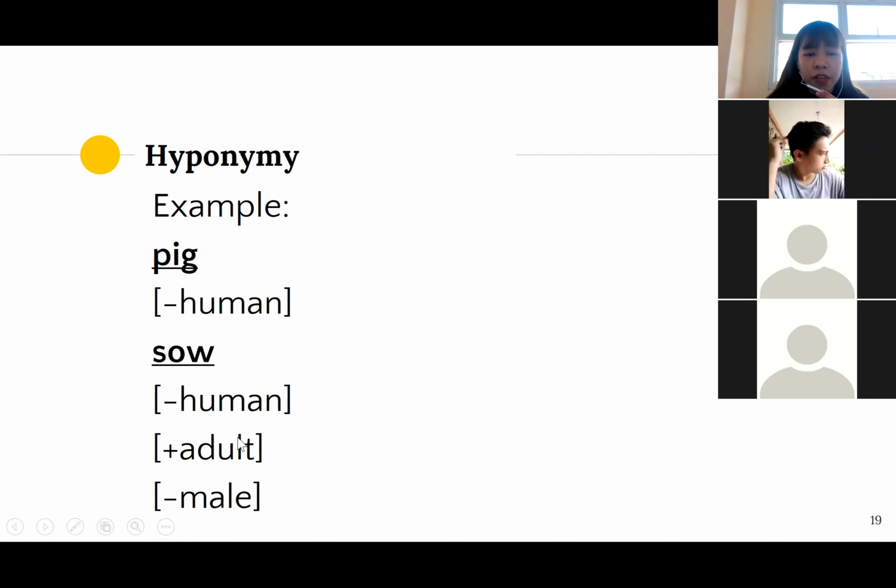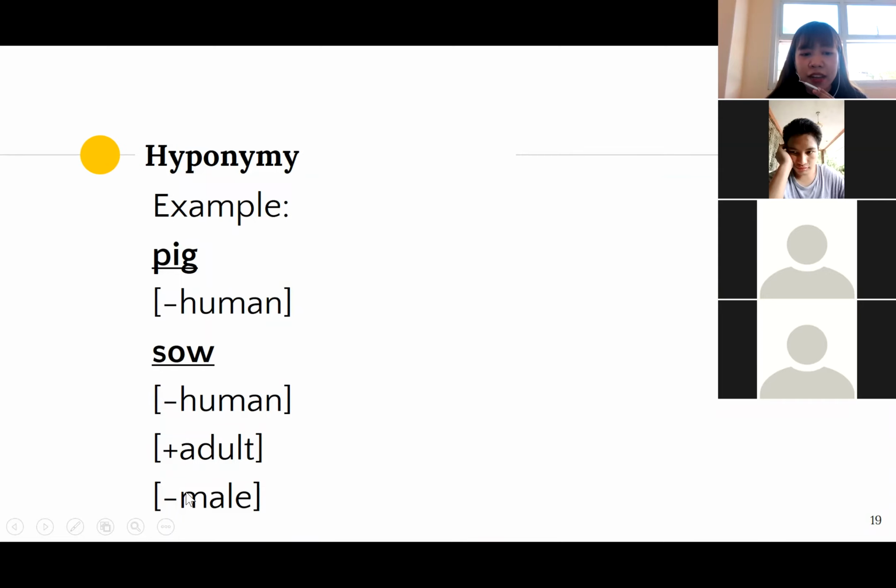Plus adult, because a sow is an adult female pig, a mother, not a young pig. So pig cannot be plus adult, because when we refer to pig, it is not necessarily adult. So sow is more specific because it is a female adult pig.